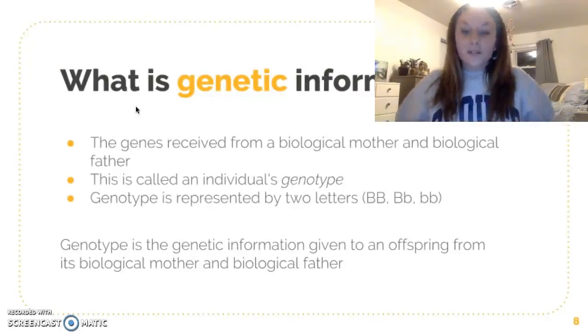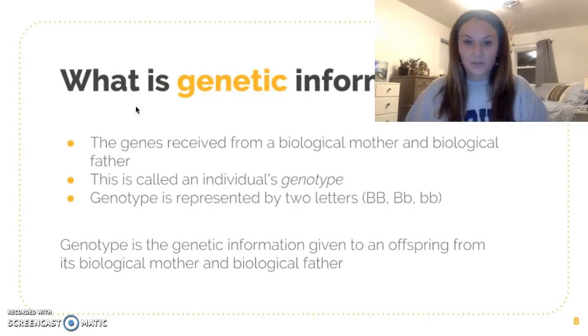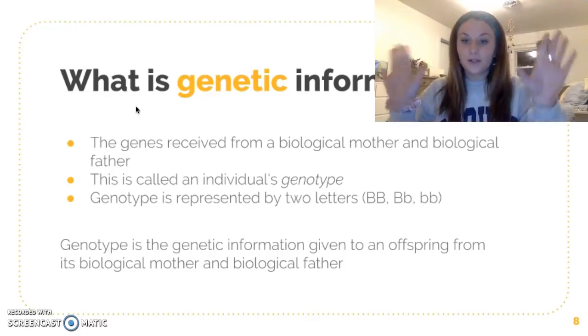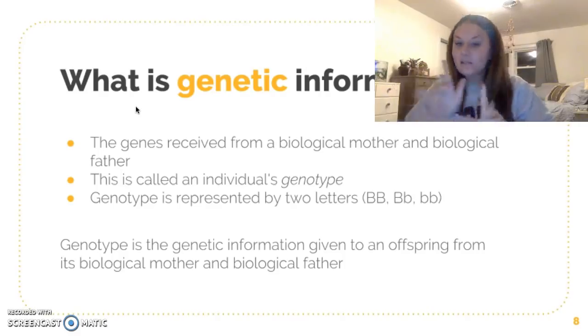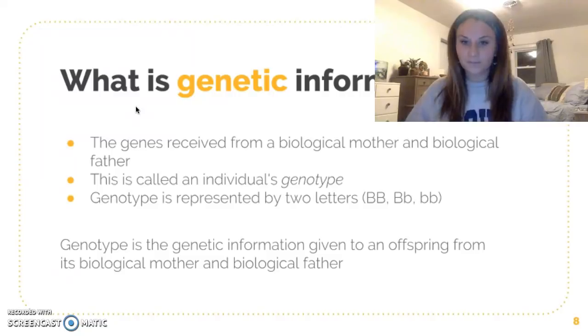Okay, so now we're going to talk about what is genetic information. Genetic information is going to be the genes or that information that's received from a biological mother and father. Mother and father create a zygote. What is that information that that zygote gets? When we're talking in genetics about this, all of that information that's inside that new cell, we call it a genotype. We've dealt with genotypes before when we were doing that activity in class, and a genotype is represented by 2 letters.